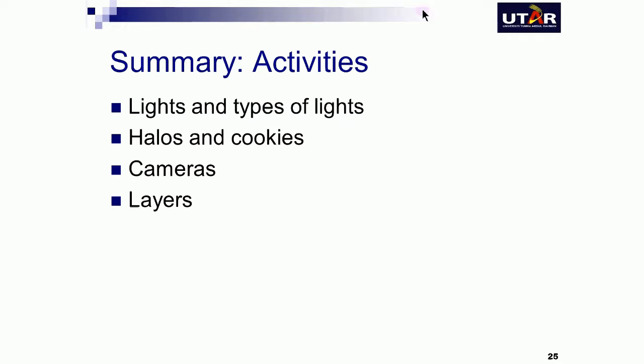And then we looked at the layers, which control how we can display different types of game objects when we group them into different layers, and display them in terms of what appears in the scene, what appears in the camera, what is lighted up by a particular light source. And that brings us to the end of our lab.